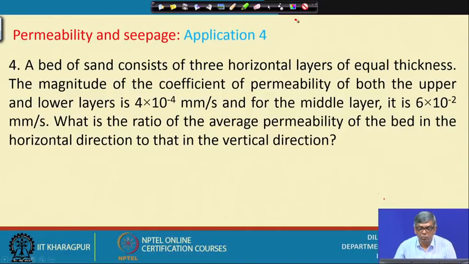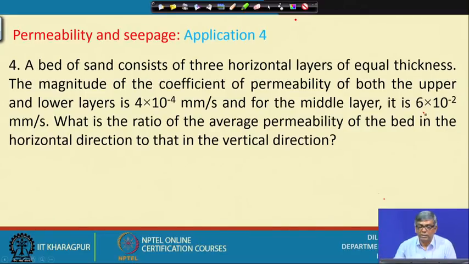The coefficient of permeability of both the upper and lower layers is 4 into 10 to the power minus 4 millimeter per second, and for the middle layer it is 6 into 10 to the minus 2. That means, the permeability is high.